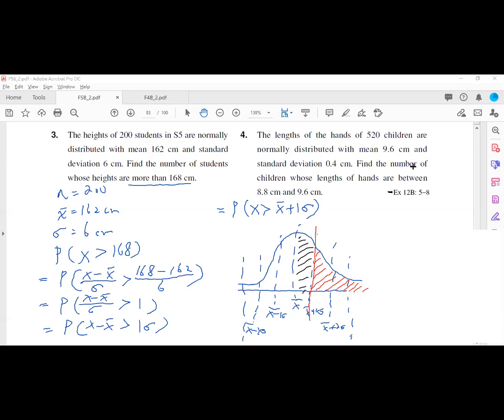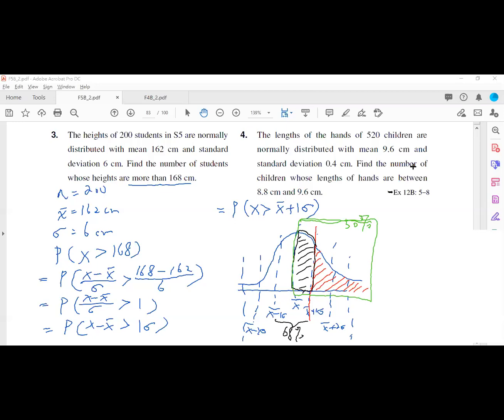This is 68%, okay? And then this part is half of 68%. And we know that everything on the right side of the middle line is 50%, okay?